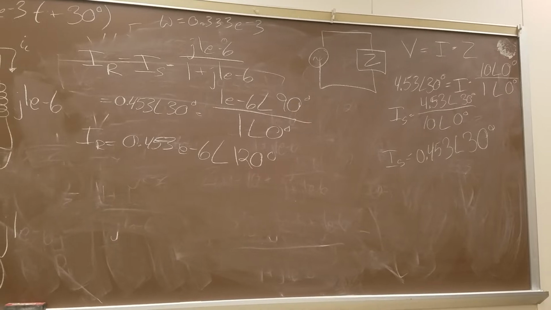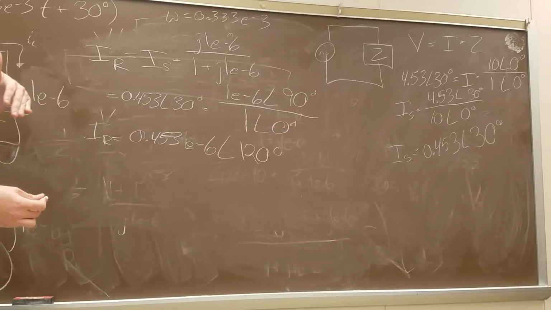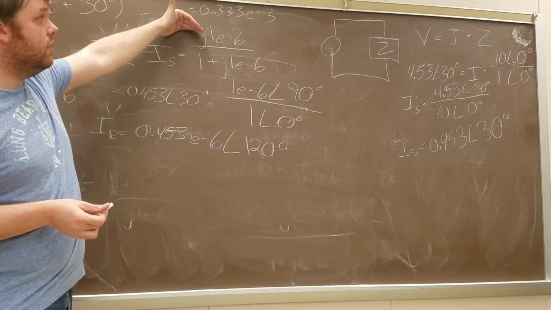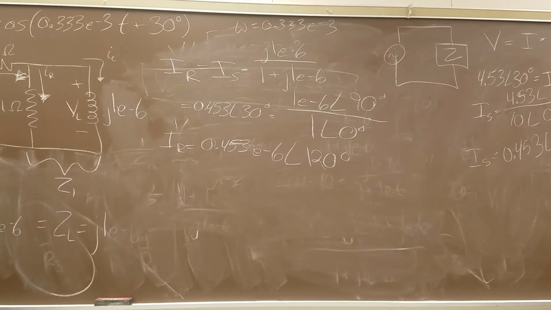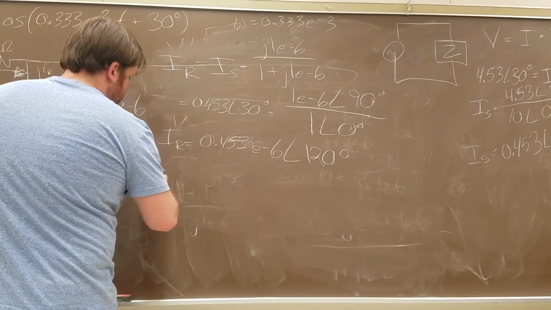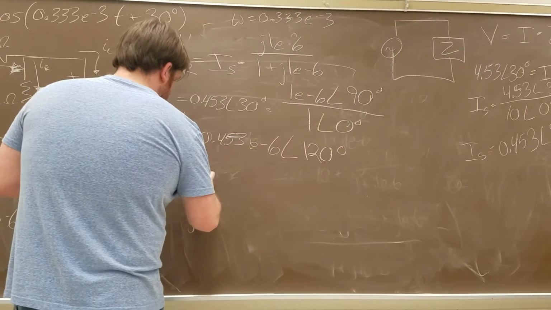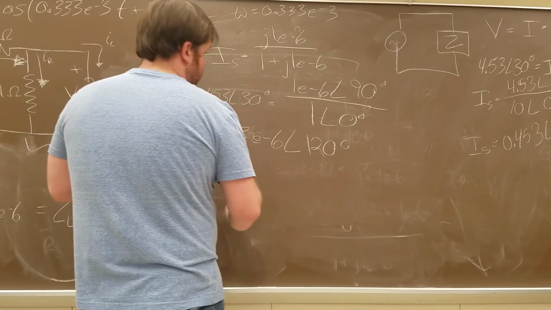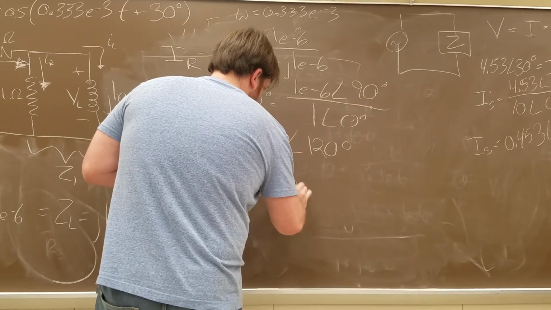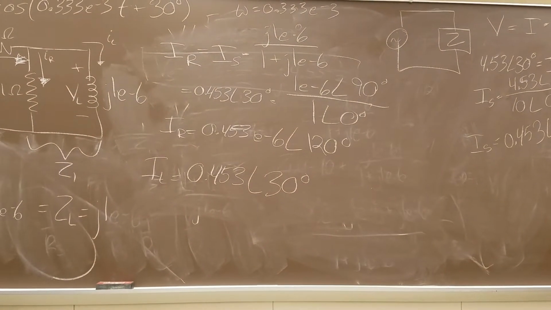The current through the inductor, we do the same idea. Instead of doing this in the numerator, we have the 1 ohm in the numerator. Okay? So our current through our inductor ends up being approximately 0.453 angle 30. I'll leave that for you guys to work through yourselves.